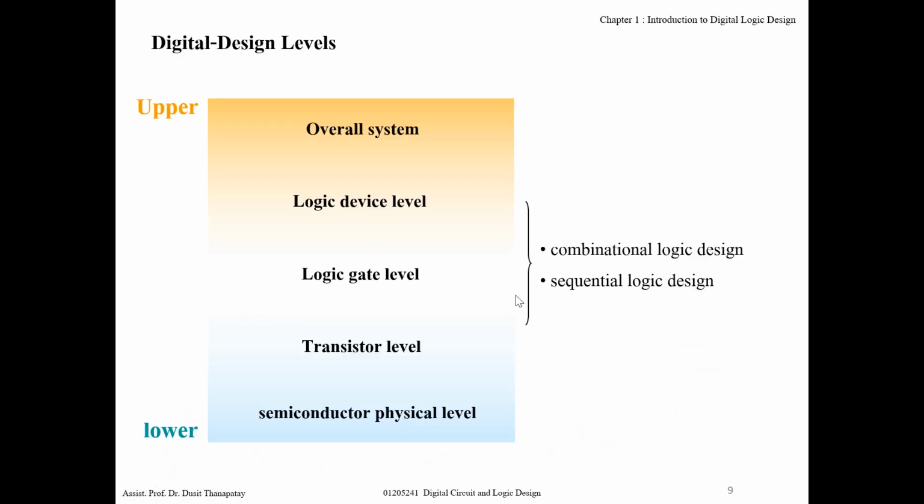And to design, there are many levels of design. For this class, we just focus on the logic gate design level, namely you just take AND gates or inverters and connect them together to implement the function that you want.